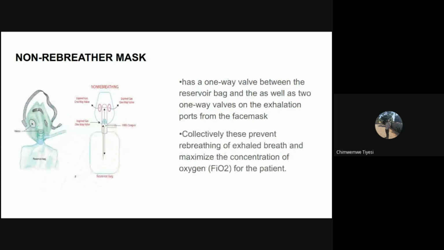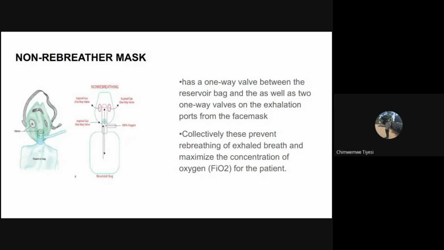You can see in the graphics to the left, it has a strap, the mask, and the bag, and also on the mask two exhalation ports, which only have one-way valves. And the one-way valve is also indicated between the mask and the reservoir bag. So collectively, this prevents rebreathing of exhaled breath and maximizes the concentration of oxygen, that's the fraction of inspired oxygen, for the patient.